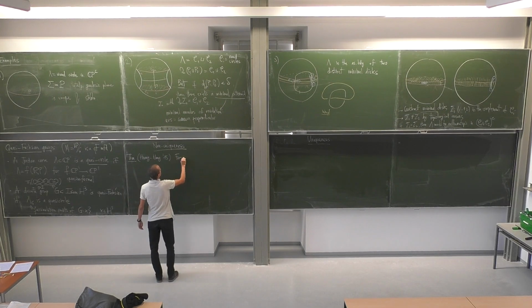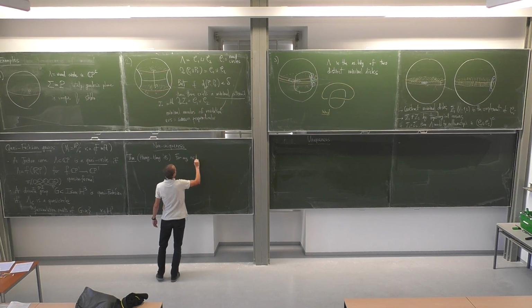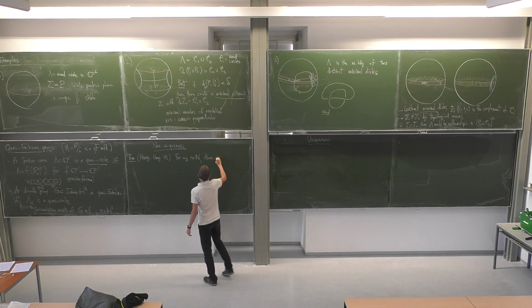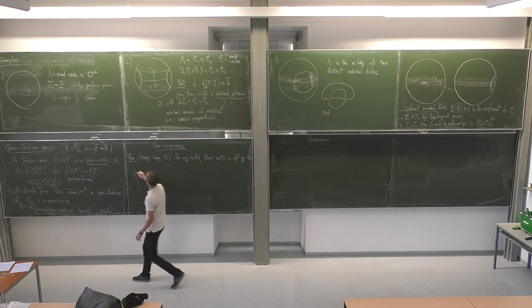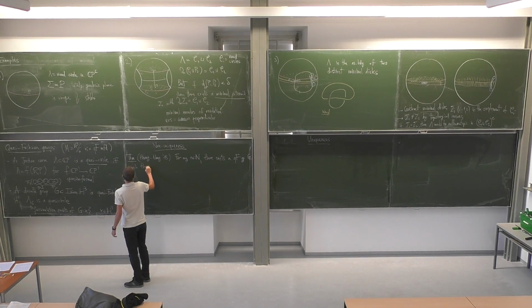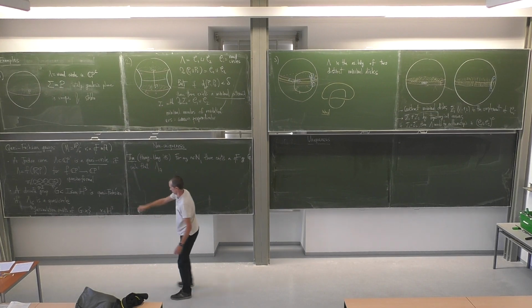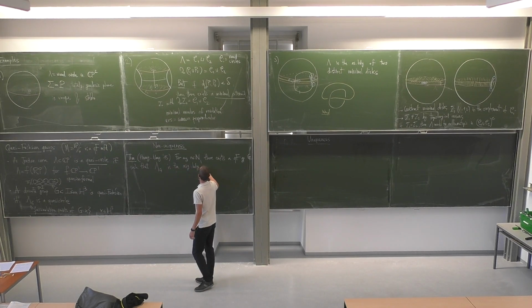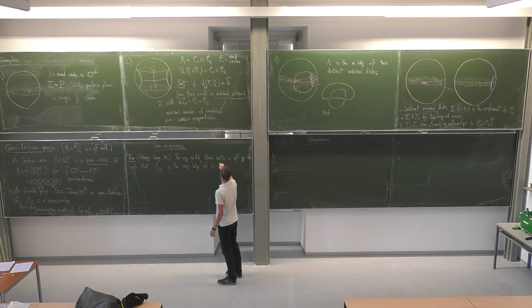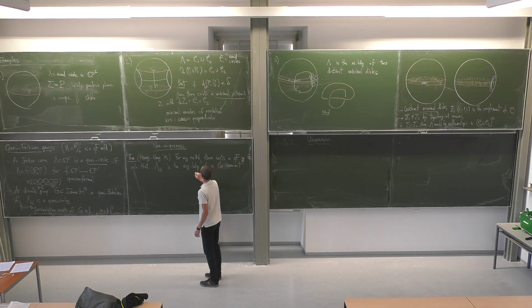For any natural number n there exists a quasi-Fuchsian group G such that its limit set lambda_G, which is a Jordan curve, a quasi-circle, is the asymptotic boundary of at least n stable and G-invariant minimal disks.